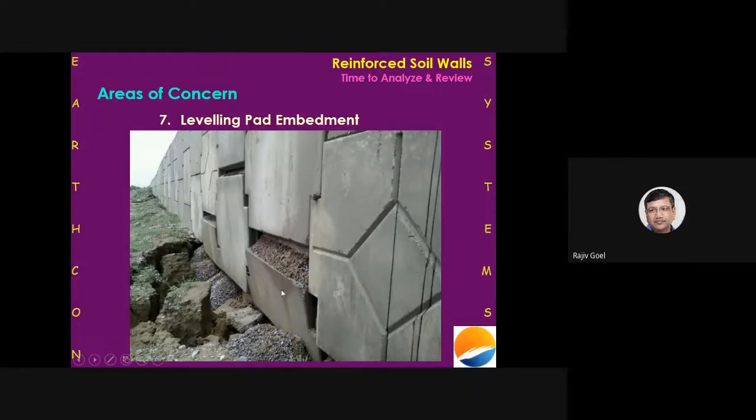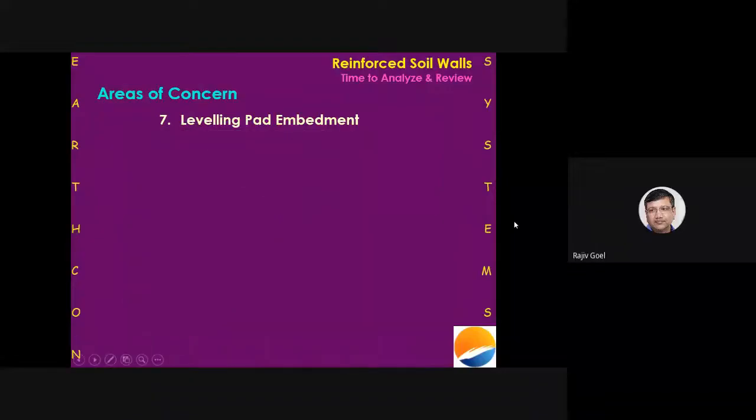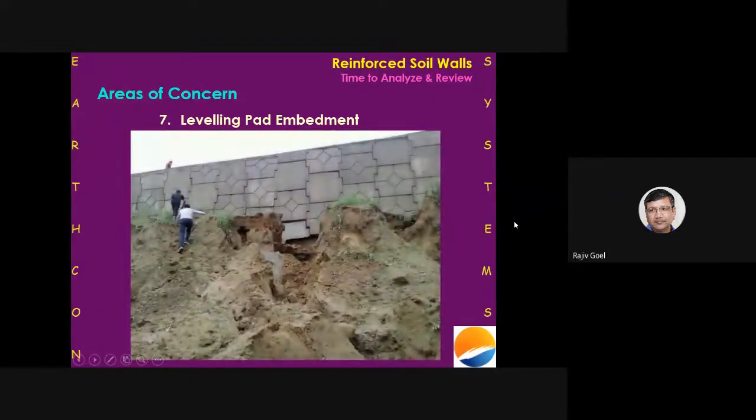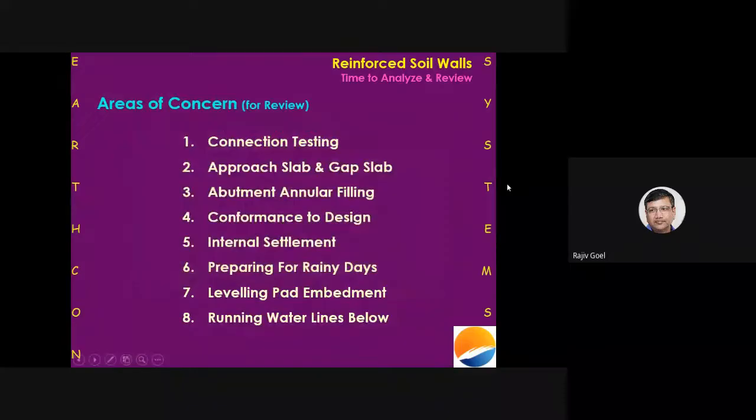Rain cuts happened and finally it got exposed. Now, there is no simple repair for all these failures. So it's very, very important that I do my leveling pad embedment at least 1 meter below the outside finish level.